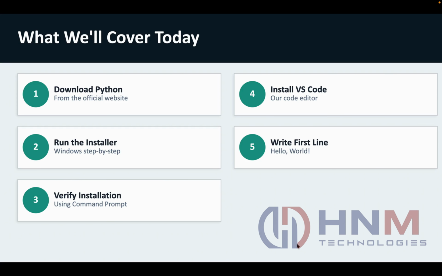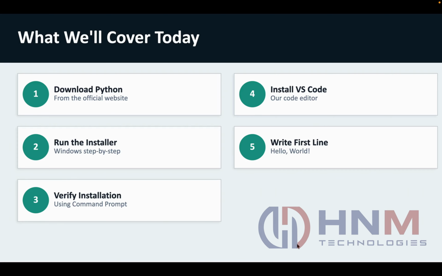After that, we'll verify that everything is working correctly, and finally we'll install VS Code, which is a code editor we'll be using throughout this entire course. So don't worry if some of this sounds technical. I'll walk you through every single step.